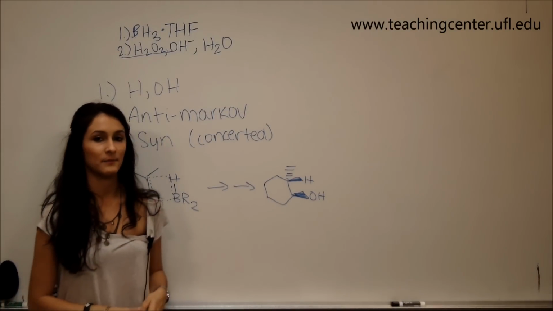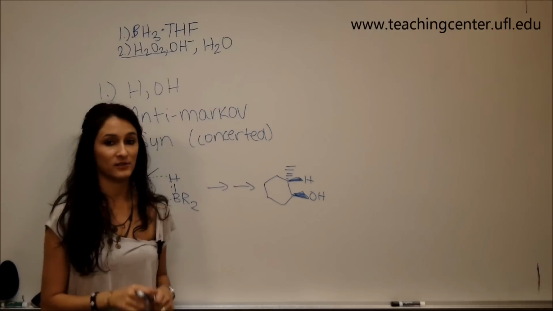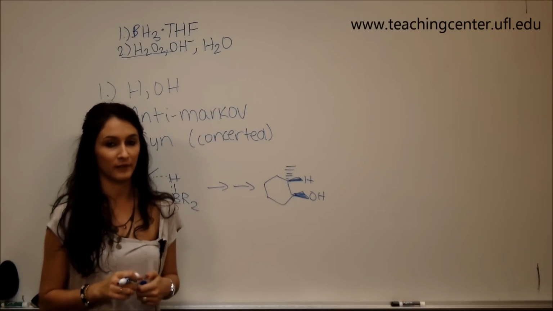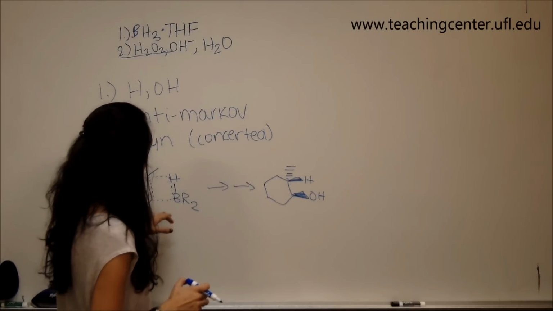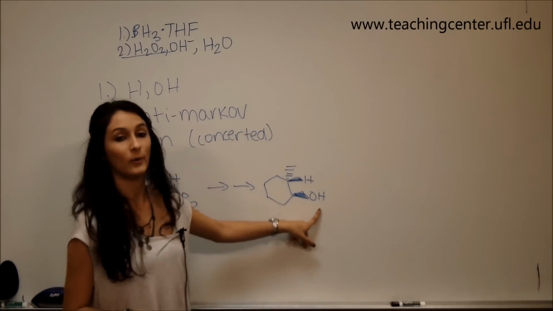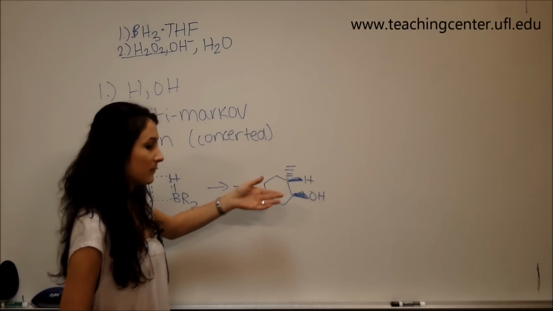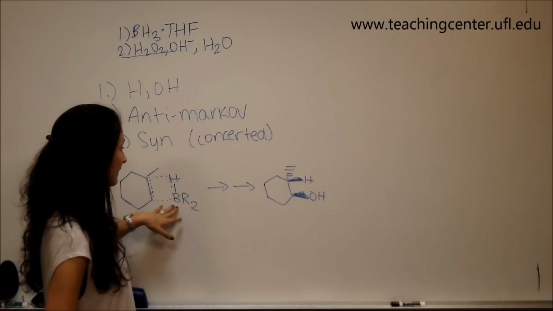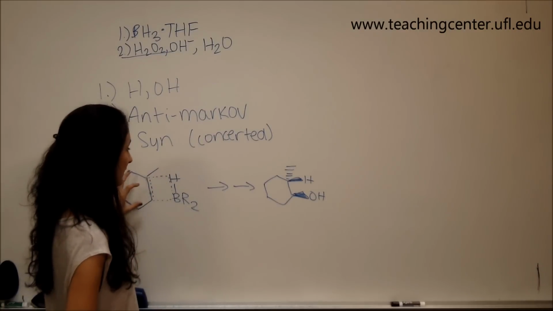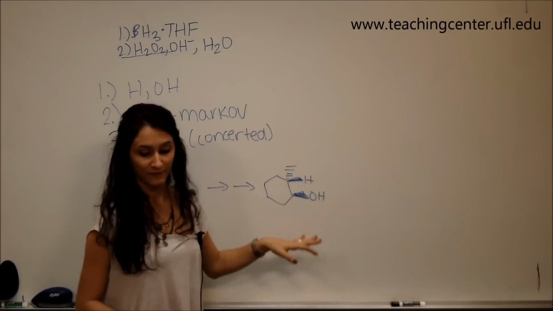I didn't show the mechanism because, again, I don't think you need to know it. It's very complicated. You guys can ask your professors if you do need to know it, and if you do, then I will definitely go over it with you. But basically, the BR2 gets replaced by OH, and so you end up getting water added across the double bond. What's most important about this is that it adds syn, so they add at the same time, so these H and OH end up having to be on the same face.